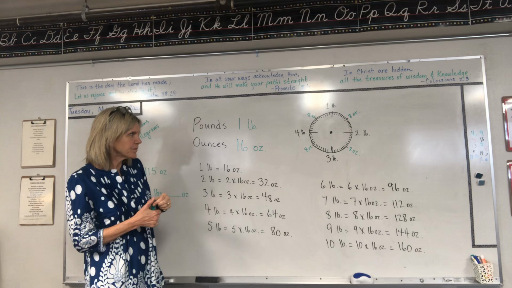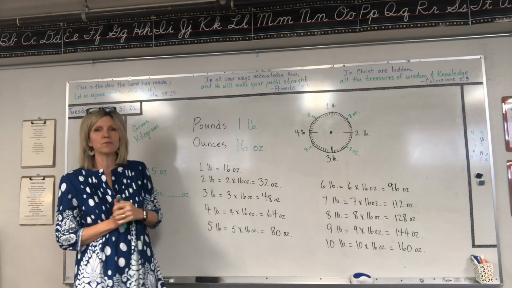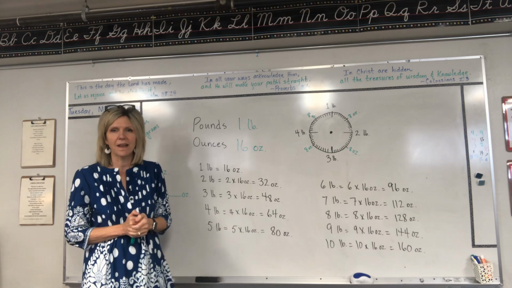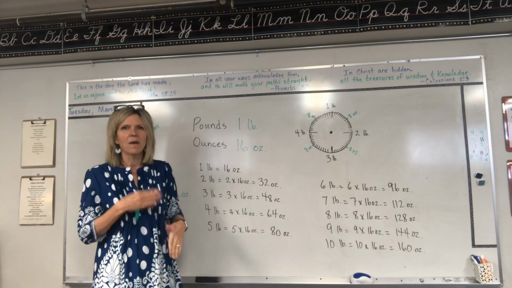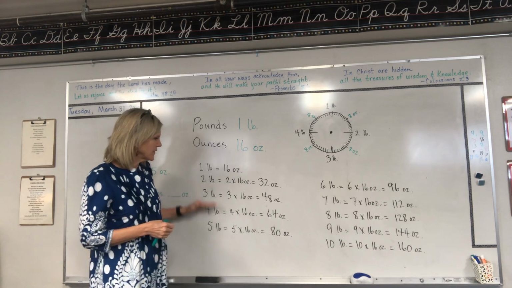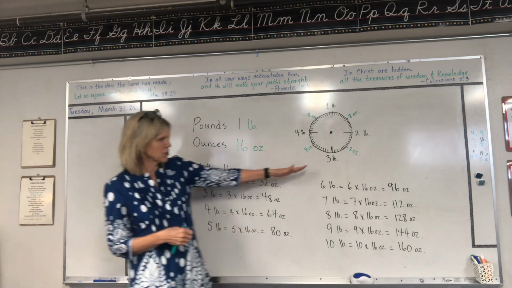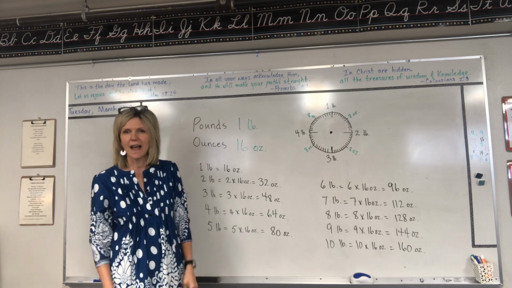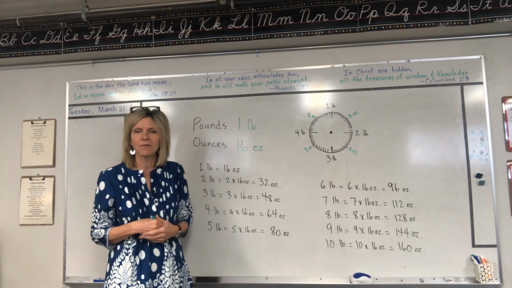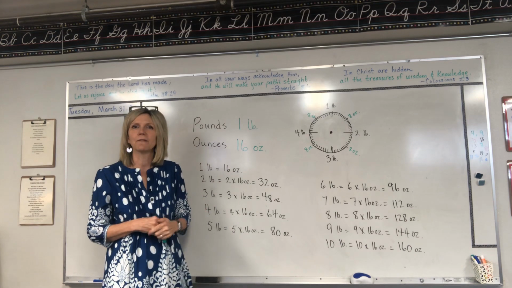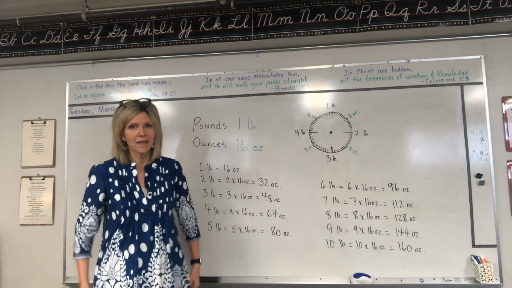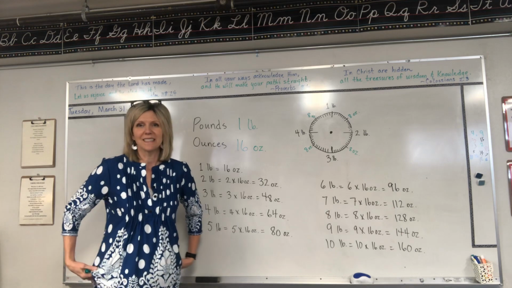Okay, now, this is where it might be really important for you to pause the camera in just a second, pause it, and write all of these configurations that I've done for you in your math journal and have them right there ready to help you as you convert ounces to pounds, because 16, we've not memorized multiplying by 16, have we?